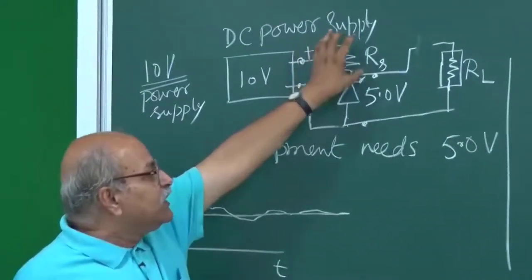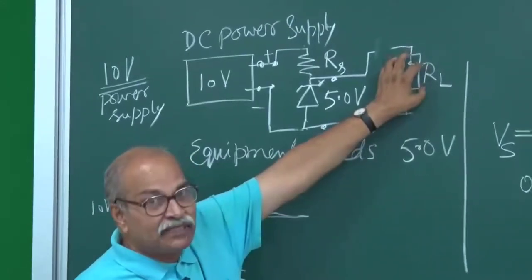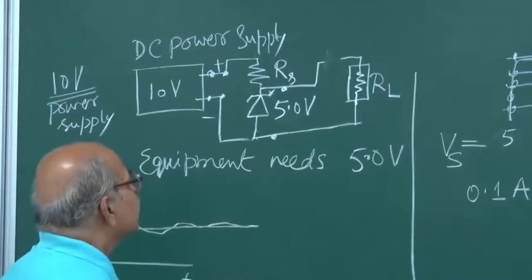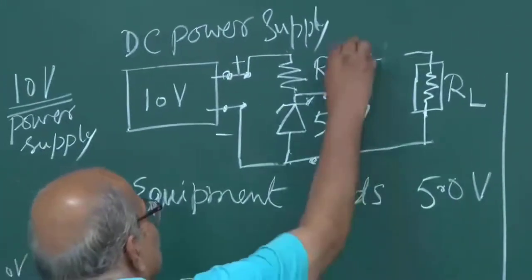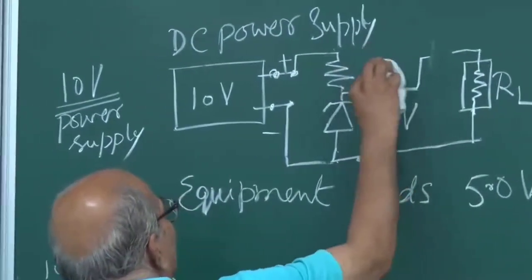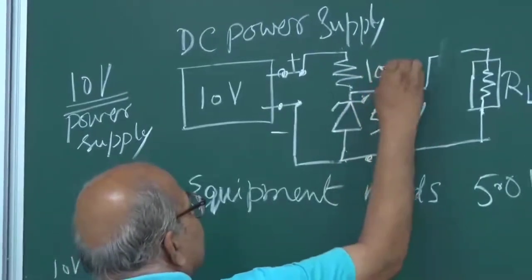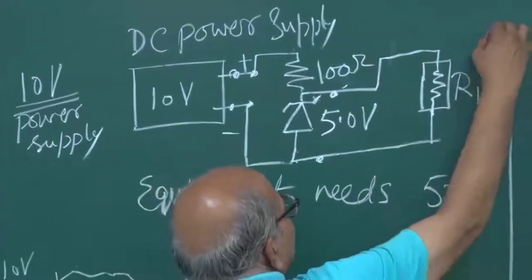So now let me come back to my circuit here, my equipment, my appliance, and let's choose some RS. Definitely I won't like to choose just 50 ohms, so let me take it 100 ohm, and I connect this, and suppose this RL is 1 kilo ohm.